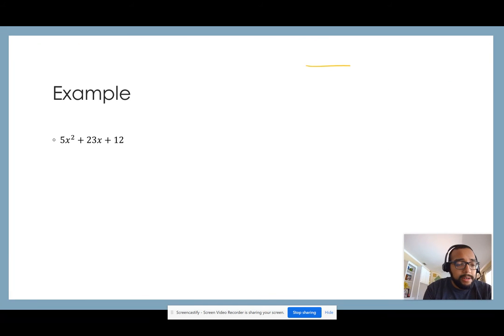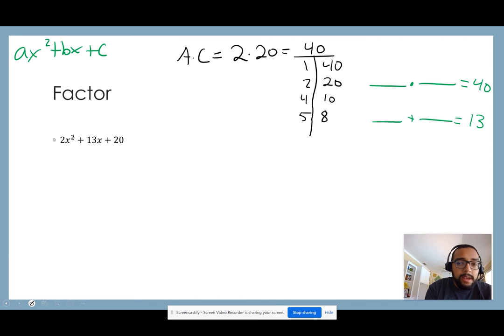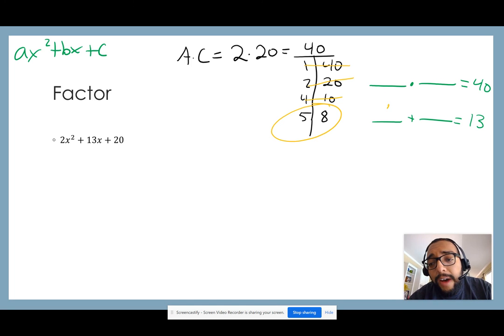That won't work. 2 plus 20 is 22. 20 minus 2 will be 18. 4 plus 10 is 14. 5 plus 8 is 13. Okay. Looks like 5 and 8 work for us because 5 plus 8 is 13. And 5 times 8 is 40.